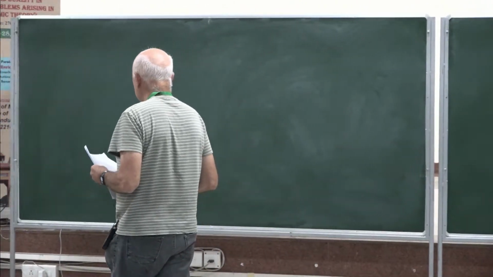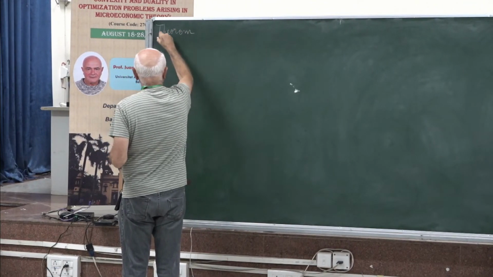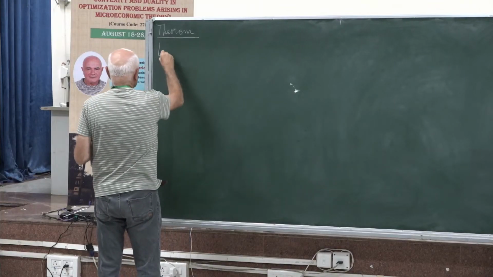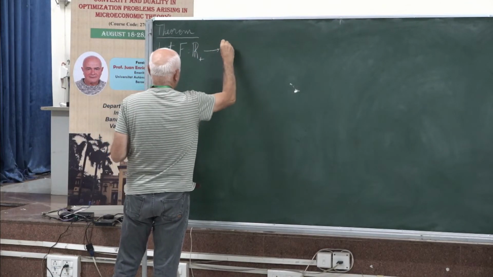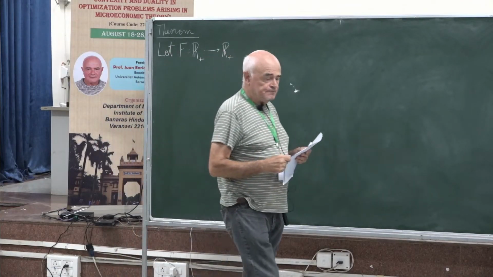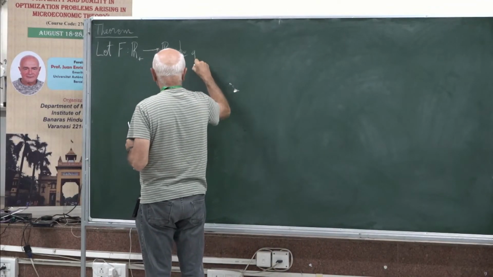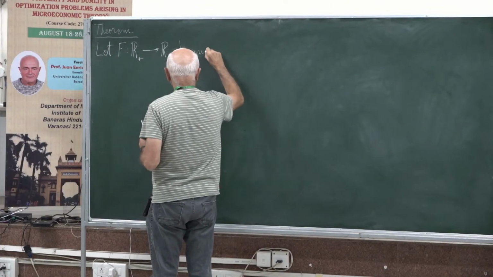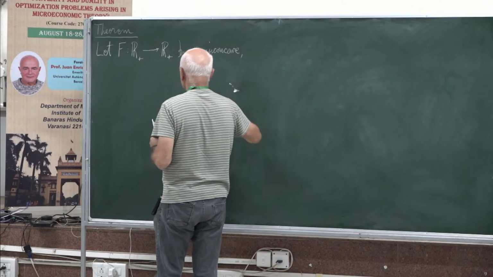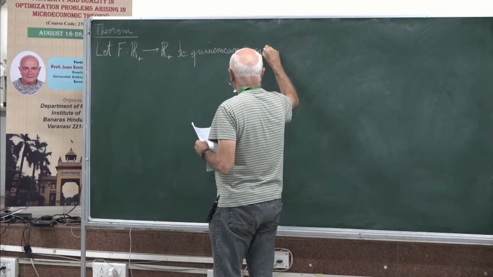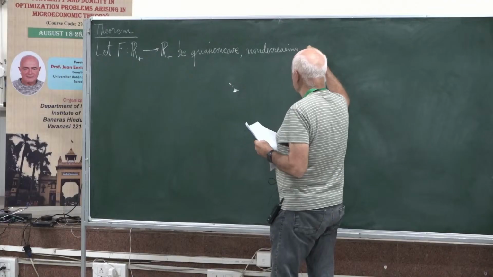So the theorem says as follows. Let f, our production function, be quasi-concave, non-decreasing, and upper semi-continuous.